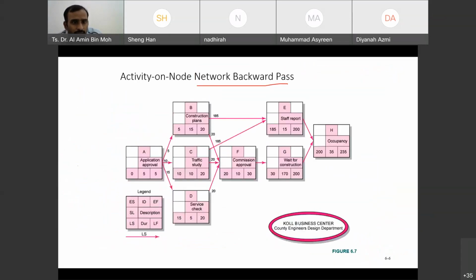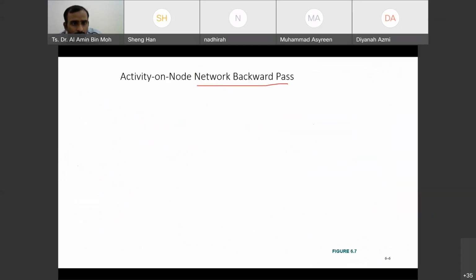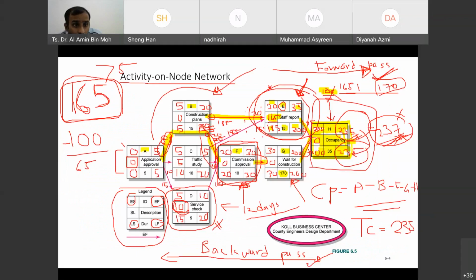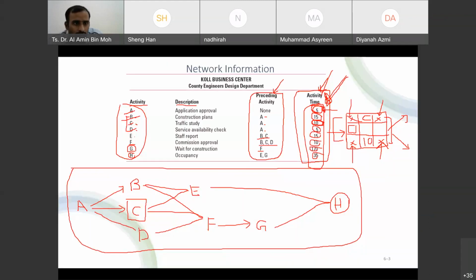Here, what's the critical path? A, B, F, G, H, right? Yes, A, B, F, G, H. So you can just choose A, B, F, G, and H and take the values here. But of course, this is not the PERT.